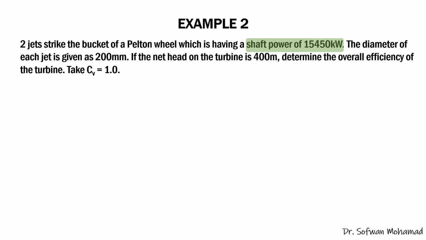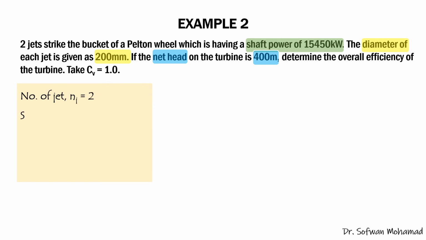As usual, first of all, we highlight the information that we can extract from the question. First one is shaft power, which is equal to 15,450 kilowatt. And then the diameter of the jet is 200 millimeters. And then the net height is equal to 400 meters.